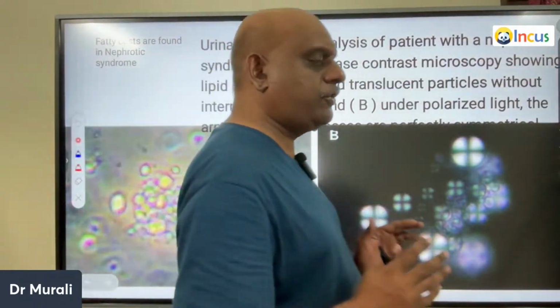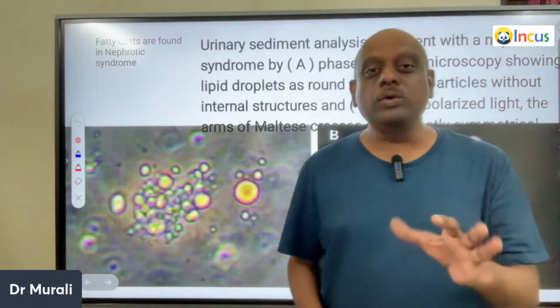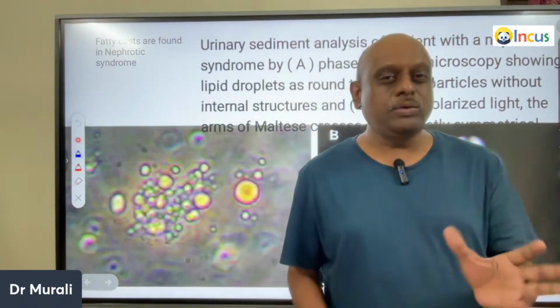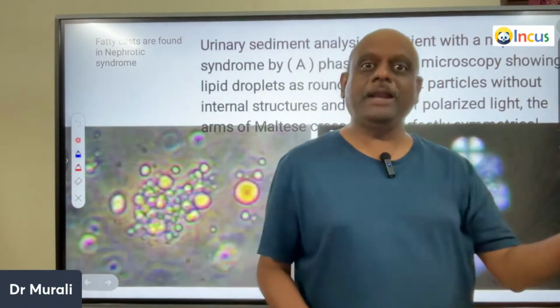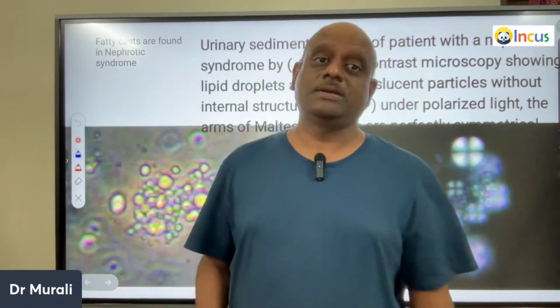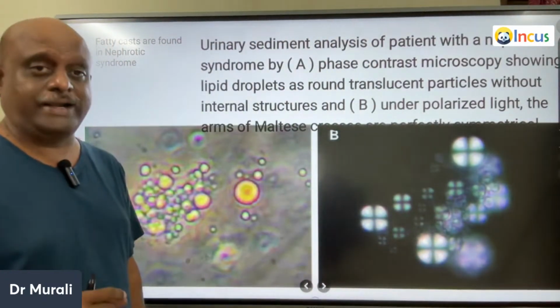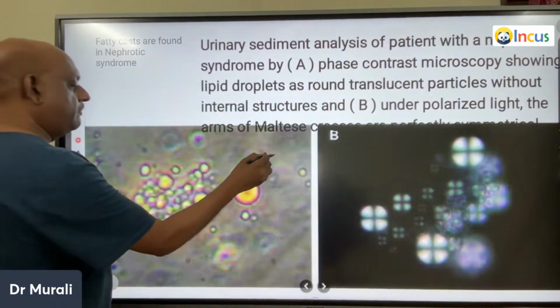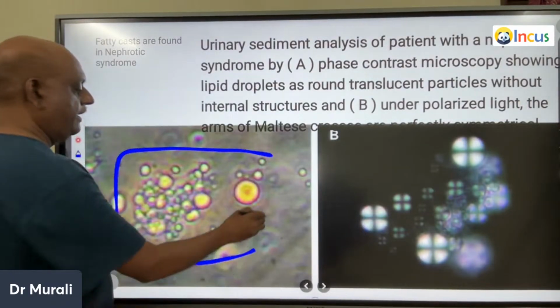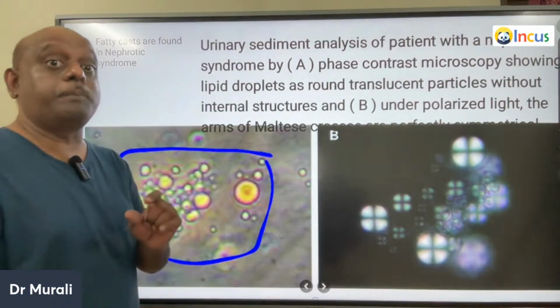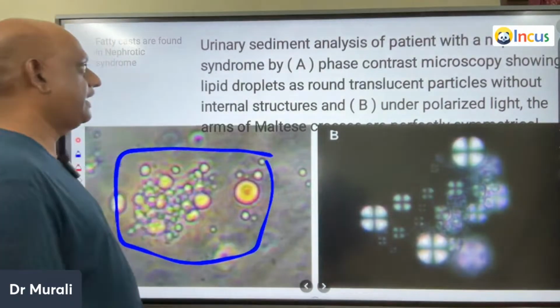Then once there is nephrotic syndrome, proteinuria, hyperlipidemia. So in these nephrotic syndrome patients who also have hypercoagulability, you should know in the complete urine examination what you get, lipid droplets in the urine, right?